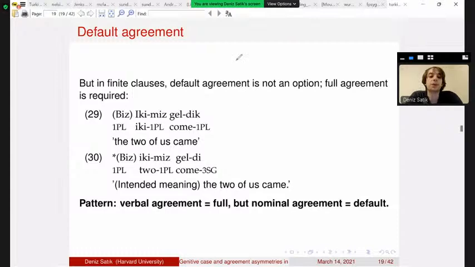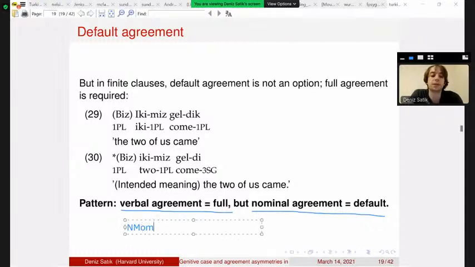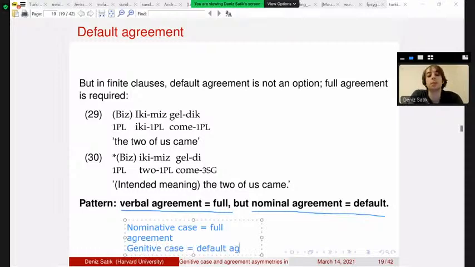So the pattern is that verbal agreement leads to full agreement and nominal agreement leads to default agreement. Here's a way to make this paradigm a bit more revealing. So nominative case leads to full agreement and genitive case leads to default agreement with a complex possessor.